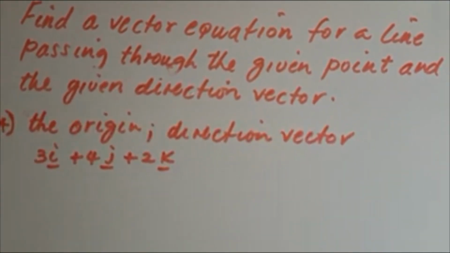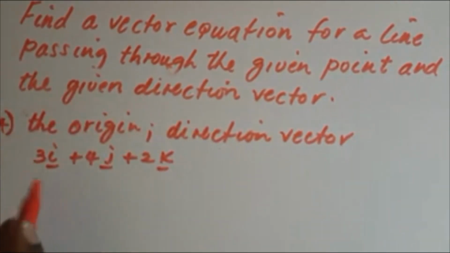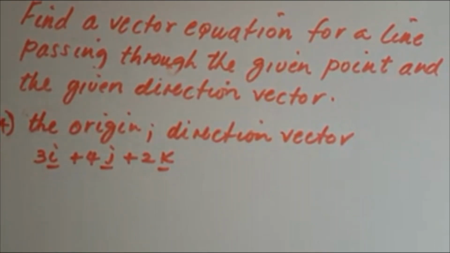Right, our fourth problem, we have a given position vector as the origin, and the direction vector is three-dimensional, which is 3i add 4j and 2k.